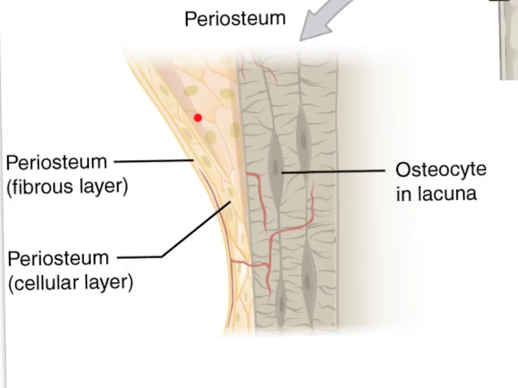And you're going to see this a little bit better in just a moment. This whole periosteum is actually attached to the actual bone tissue with collagen fibers, which we refer to as Sharpey's fibers. You'll see that label coming up here, or you might have already seen it in a previous image.